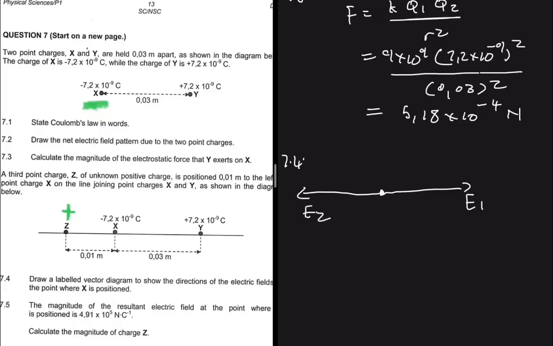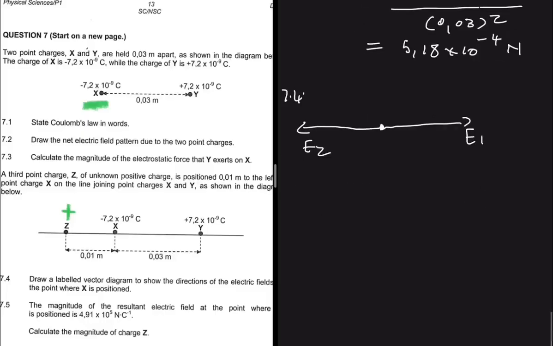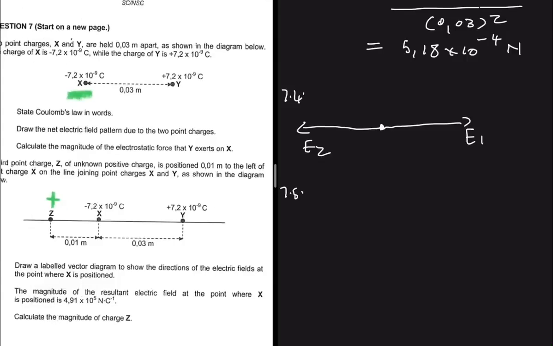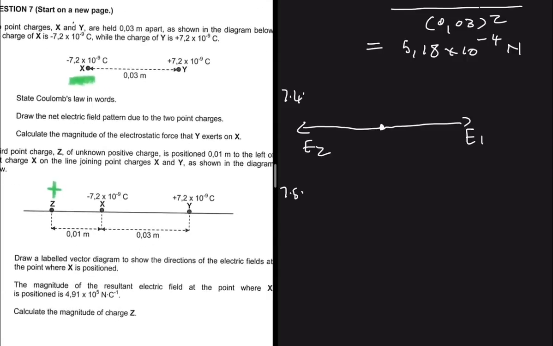So we have something like that for 7.4. 7.5, it says that the magnitude of the resultant electric field at the point where X is positioned is 4.91 times 10 to the 5 newtons per coulomb. Let's calculate the magnitude of charge Z.